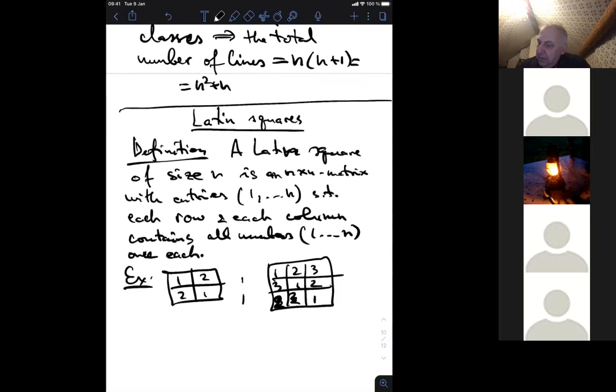Now, a more systematic example showing that Latin squares exist for all sizes is as follows.